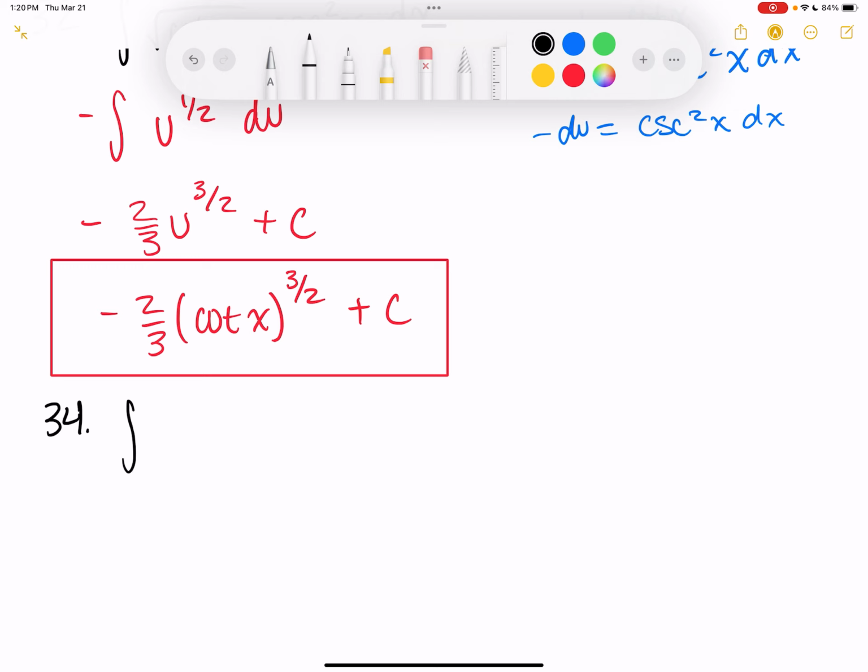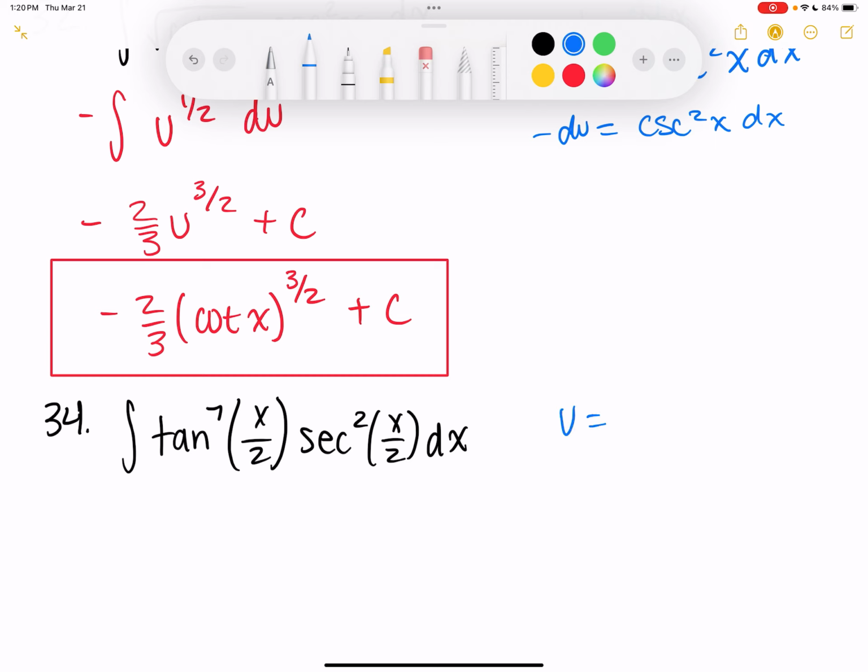34. The integral of tangent to the 7th of x over 2, because that is secant squared of x over 2 dx. So u is going to be x over 2.